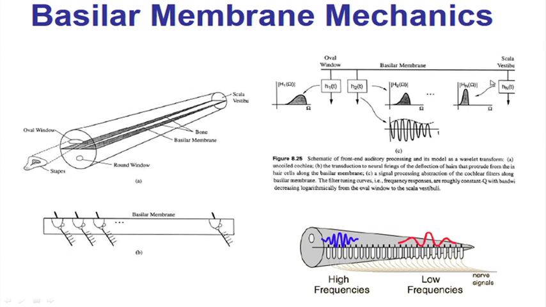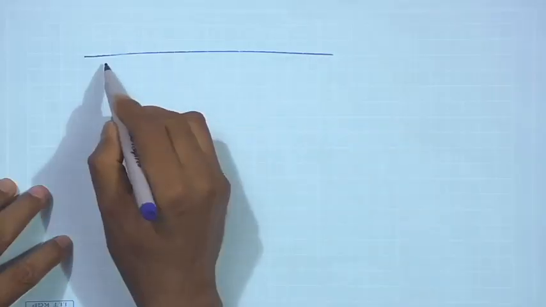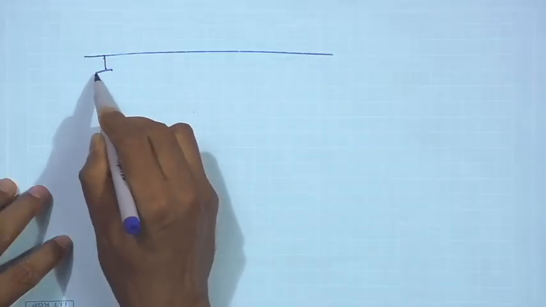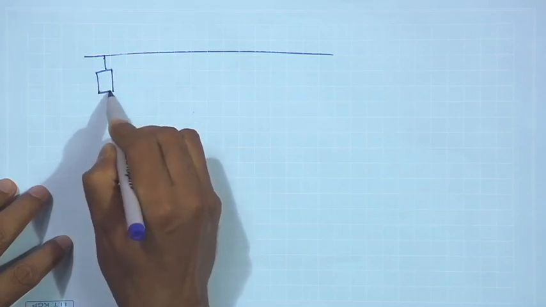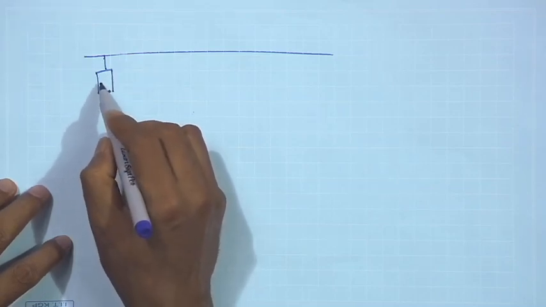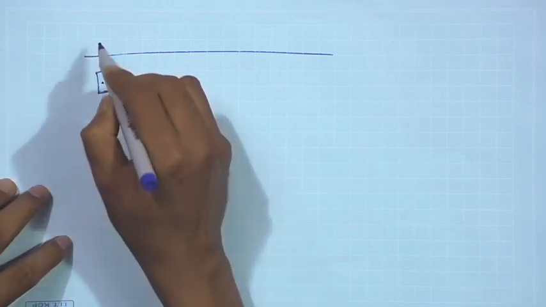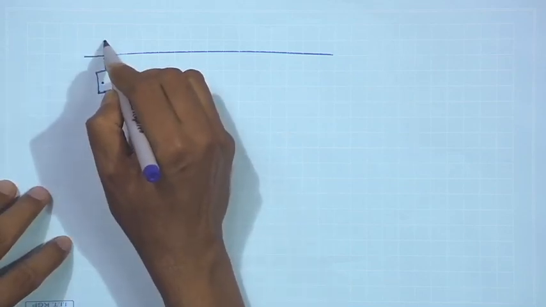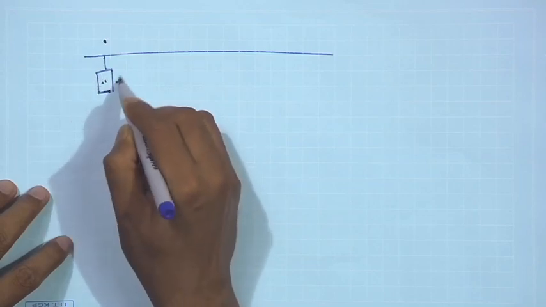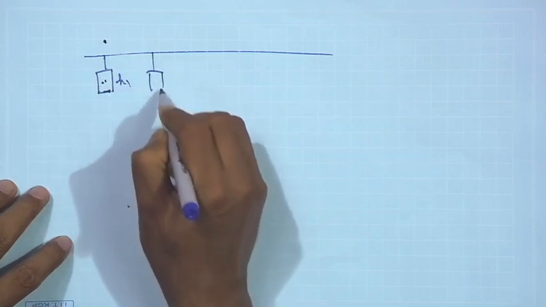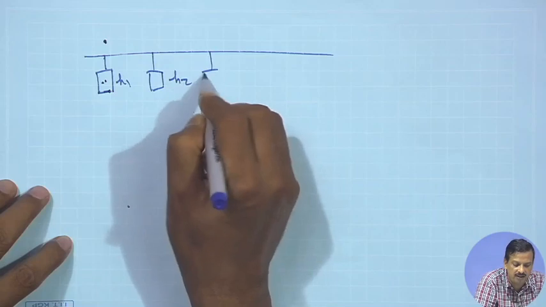If I think in an engineering model, I can think the human conversion of acoustical or mechanical signal to neural signal is nothing but a set of tank circuits, each a particular filter. If the sensor is active for a particular band, it is called a tank circuit. So this is the H1 sensor, there will be H2 sensor, there will be H3 sensor.